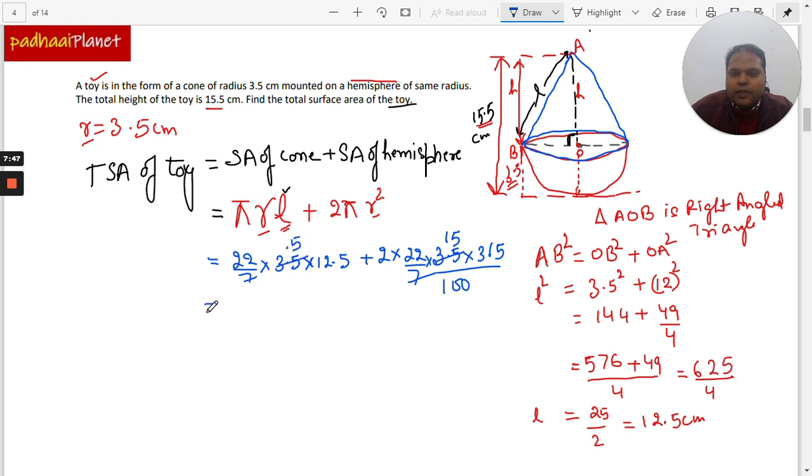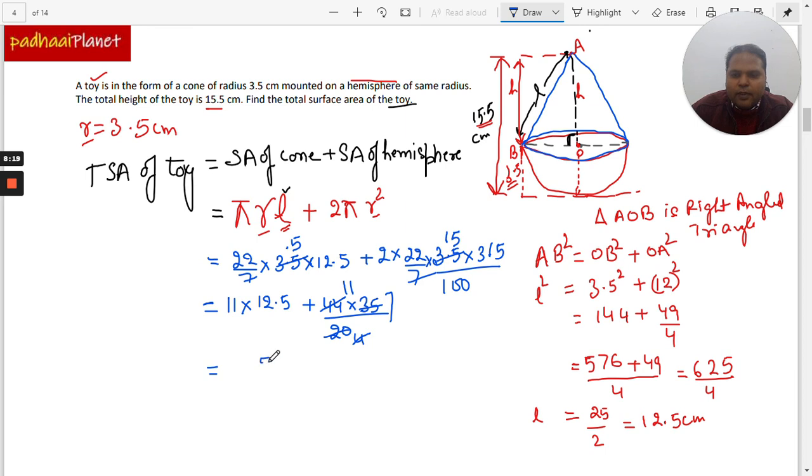So we can write 11 multiplied by 12.5 plus 44 multiplied by 35, and that's over 20. So 5 by 4, 5, 7, and this is finally 11.